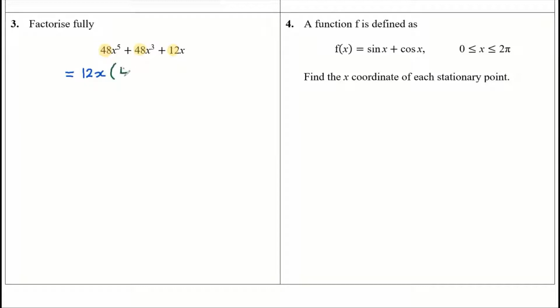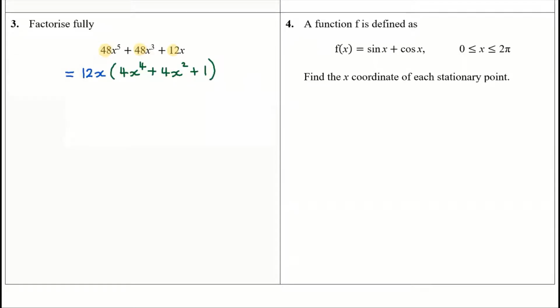Well, that's going to be 4x to the power 4, isn't it? And we've also got plus 4 again, x to the power 2, and then 12x, that's going to be plus 1. Now, the question is, does this factorize again? Let's have a think about that. Well, this is quite interesting, isn't it?